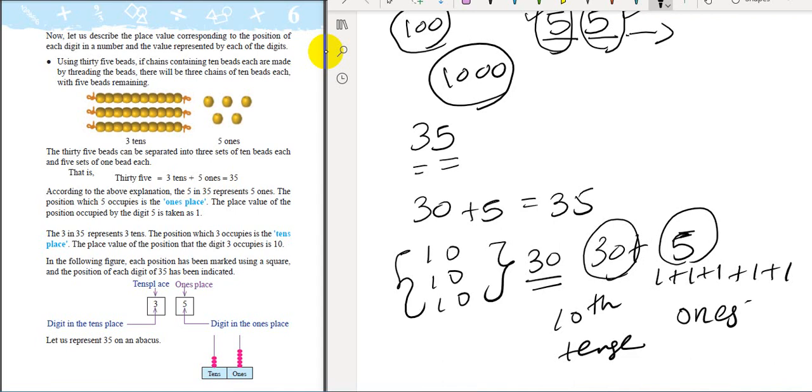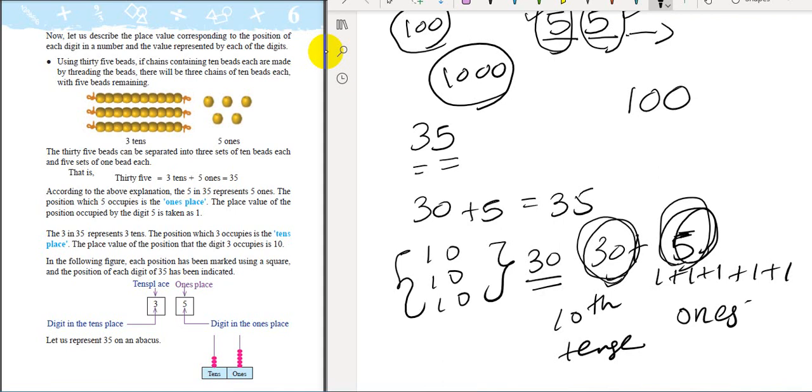There are 5 ones altogether. When we count 5 ones, we get 5. When we count 3 tens, we get 30. So this is the tens place and this is the ones place. So now we understand what place value is.